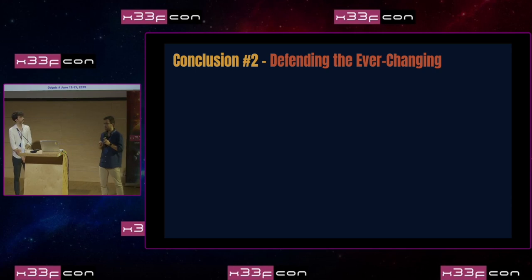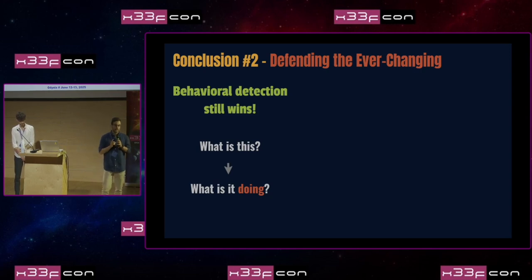But here was the key insight. AI-generated malware samples might look a little bit different, and their content might be a little bit different, but they can't really hide their behavior. Because at the end of the day, if it's ransomware, it will encrypt. And if it's an info stealer, it will steal and exfiltrate.